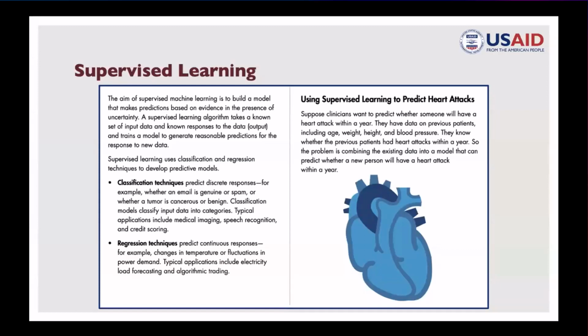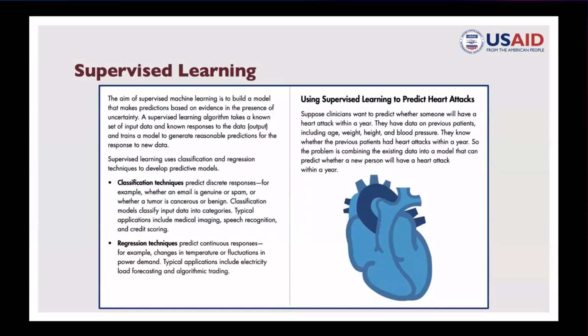Okay? On the other hand, if our data set is continuous or numerical in nature, like for example, sensor data, temperature, okay, power demand, or even electricity forecasting, these are all represented by numerical values, then we use regression techniques.